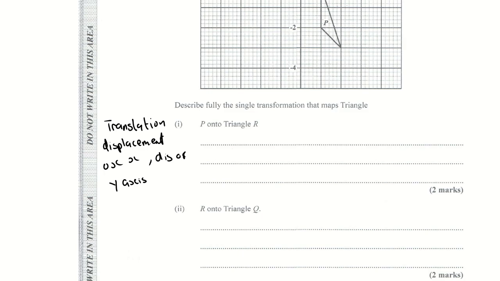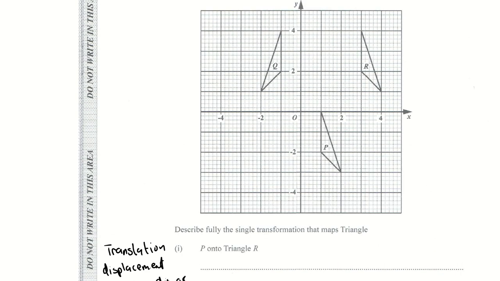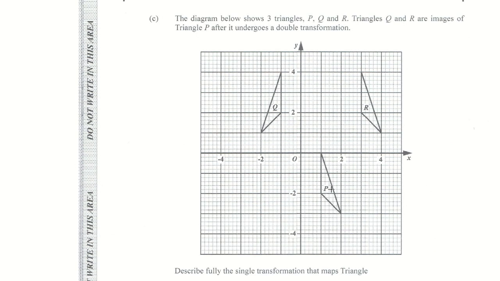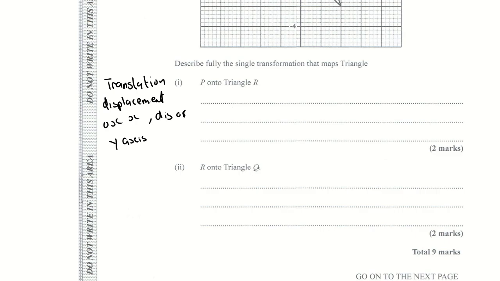Alright? So what you're going to do is look at the two corresponding points. We have a point here and we have a point here. So it's 1, 2, and it's going in a positive direction, so it's positive 2 units along the x-axis, and then we're going up, so it's again a positive 1, 2, 3, 4. So how would I describe this?